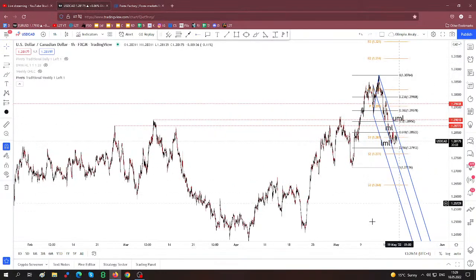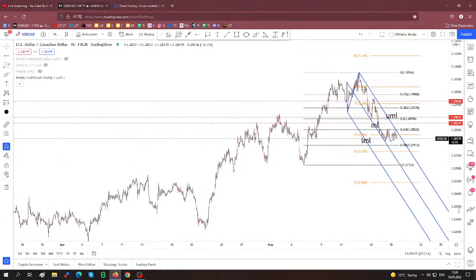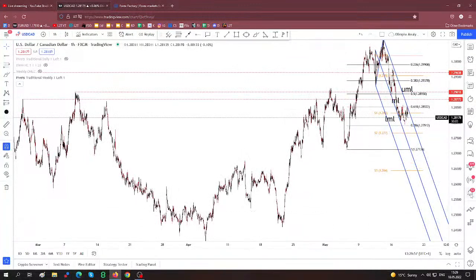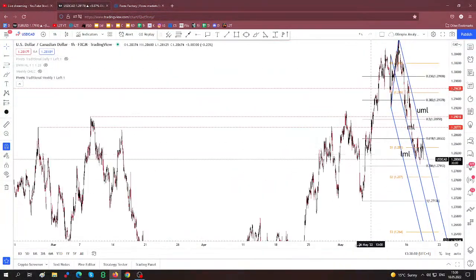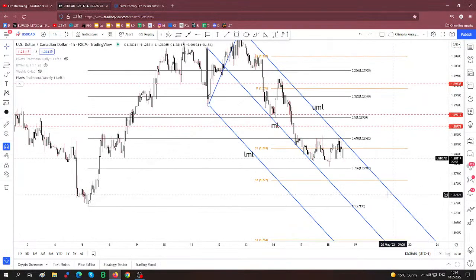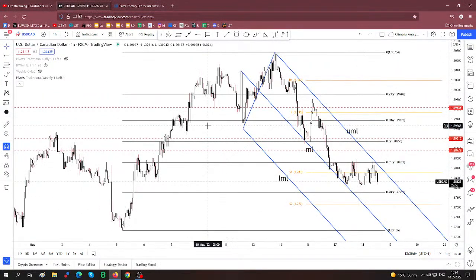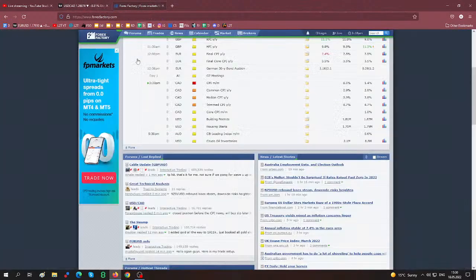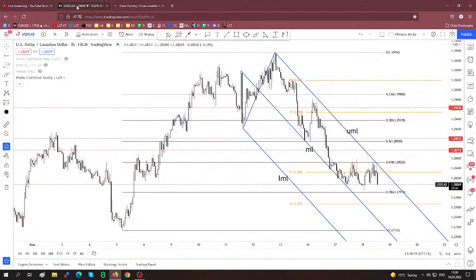So we are in a corrective phase here on US dollar versus the Canadian dollar. The bias is still bearish here, also because, one moment, I have to update the groups and refresh the economic calendar. So Canadian consumer price index month over month, higher than expected. Let's update the groups.